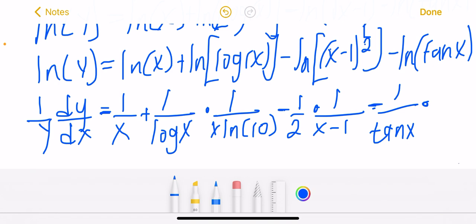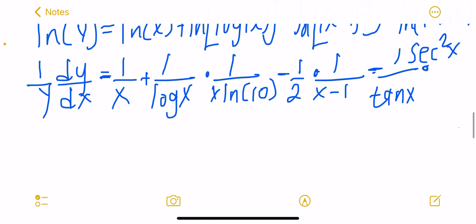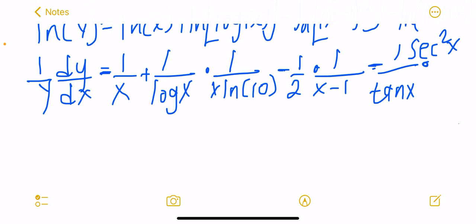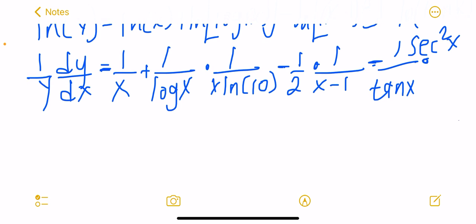From the table of derivatives of trigonometric functions, we know that the derivative of tan x is equal to secant squared of x. Okay. So moving forward, we have to simplify everything so we can factor out dy/dx.